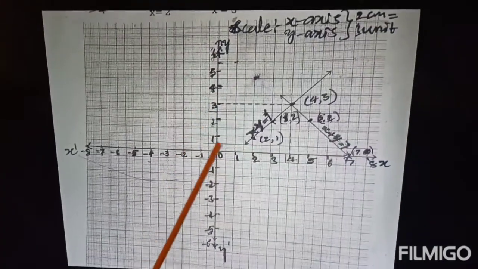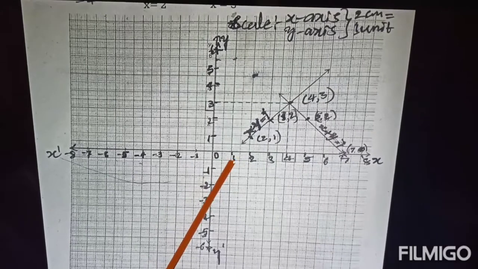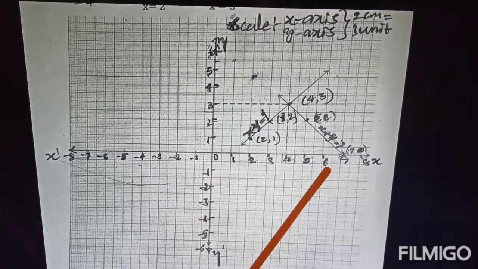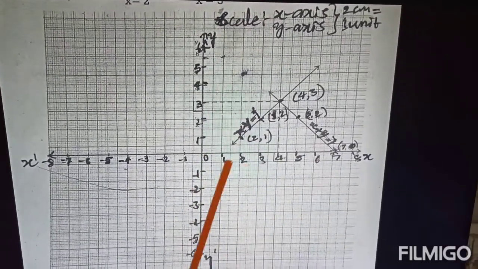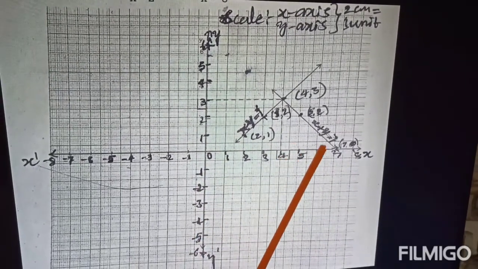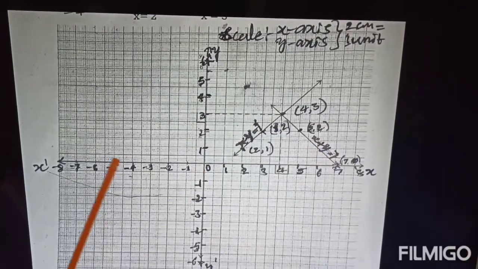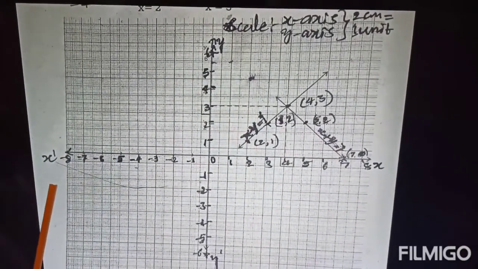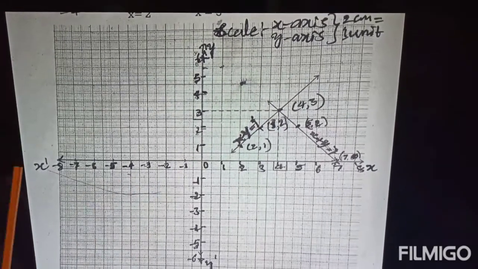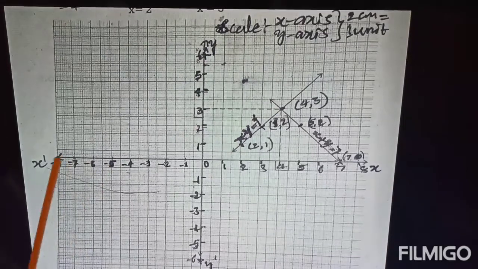Both intersect each other, no? That point is taken as 0. Then from 0 to the right side on the x-axis are positive numbers 1, 2, 3, 4, 5, 6, 7, and from 0 to the left side on the x-axis are negative values -1, -2, -3, -4, -5, -6, -7.